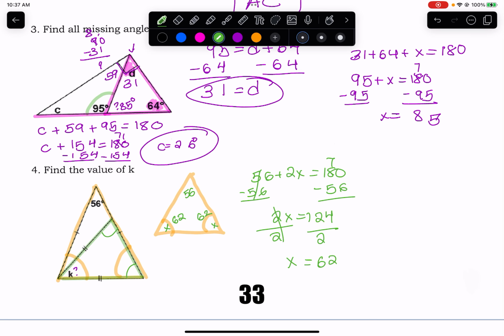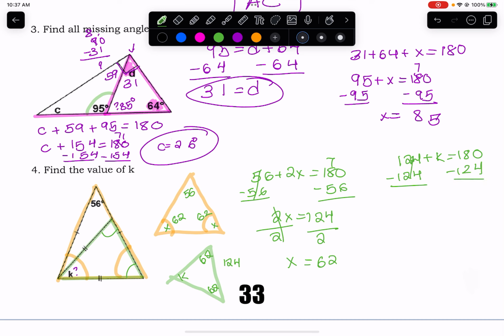So we can say that in my green triangle, I have 62 here and 62 here. So just like before, 62 plus 62 is going to be 124. So 124 plus that k has to give me 180 because it is a triangle. To get 56 degrees.